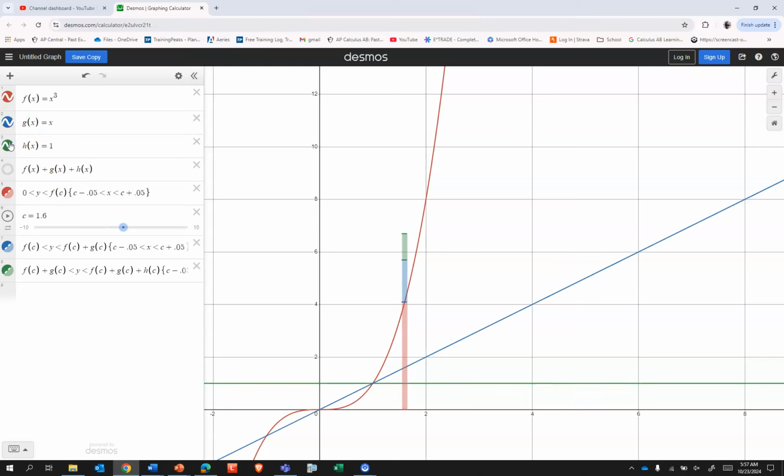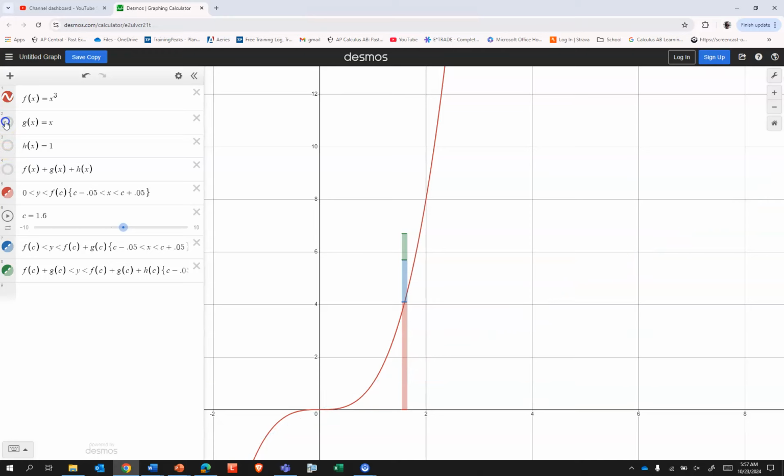Okay, so there are the three functions, and here's my f plus g plus h. Let's turn f plus g plus h off. So as I move left and right, this bar follows the height, and we can think of the height of this bar as the limit as x approaches whatever my c is here, 1.9, of just f.